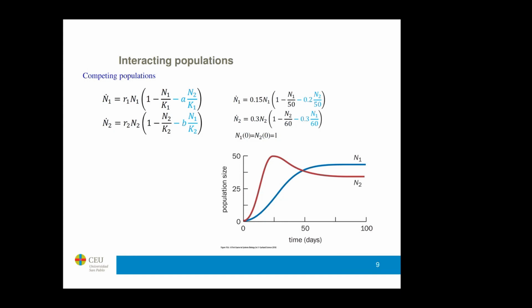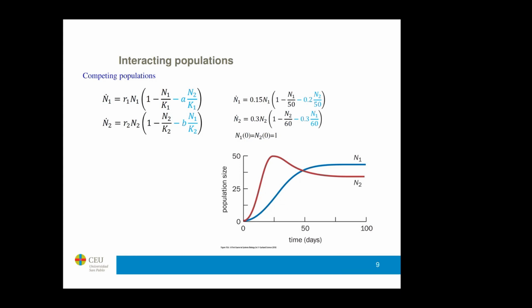So the larger the size N2, the larger the decrease of N1. So let's say that you are studying predator-prey, or not predator-prey, because N2 is killing N1, but N1 is killing N2. So they're fighting each other. So the larger N2, the smaller N1, and the larger N1, the smaller N2.